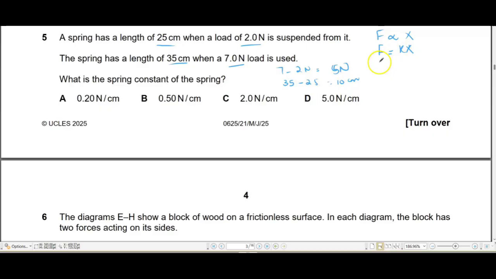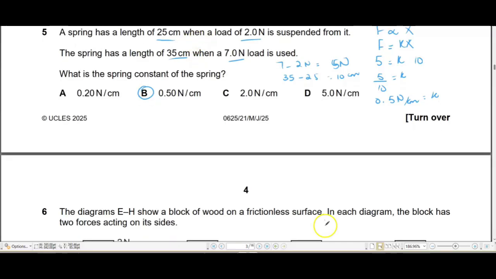So our force or weight is 5 newtons over here, and our extension is 10 over here. So 5 divided by 10 is going to give us a spring constant of 0.5 newton per centimeter. So do we have such an option? Yes, B is an option that is available over here. There are small things that you have to do in these questions.